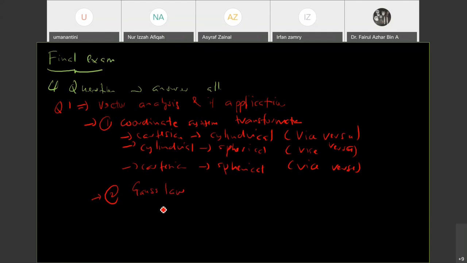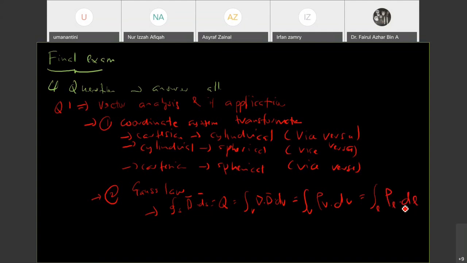In this Gauss law you have apa nama yang panjang-panjang tu kan, closed surface integration of D dot dS is equal to Q, and is equal to volume integration of del dot D dV, and is equal to volume integration of rho v dV, and is equal to rho l dl, and is equal to surface integration of rho s dS.